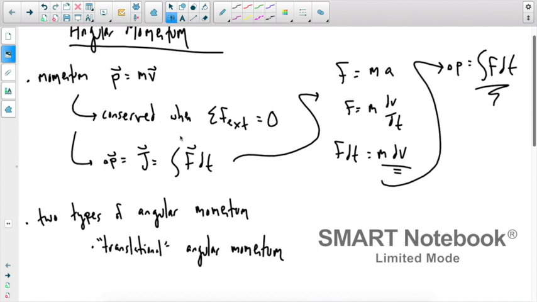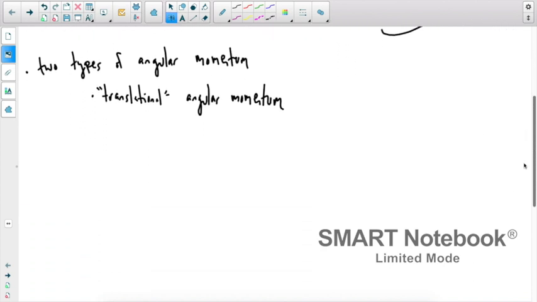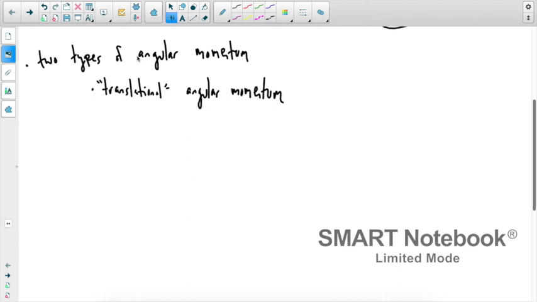Yes, that's true, and yes, we still need this, but there is a second type of momentum known as angular momentum. And an object is said to have angular momentum when it is moving.